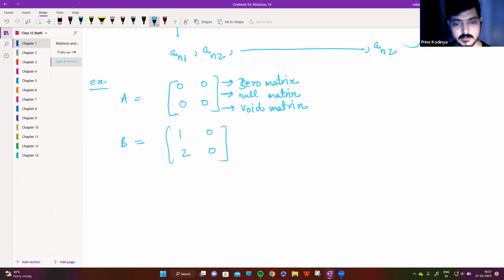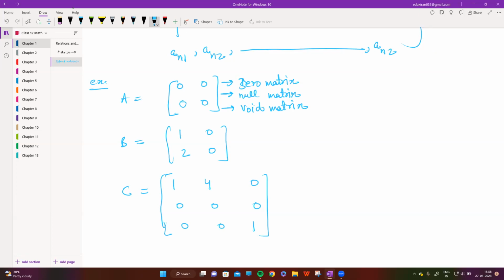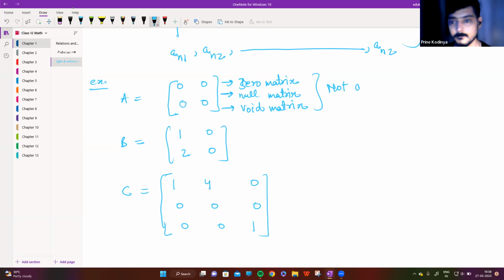Okay. Is this a diagonal matrix? Yes. What about B? No, sir. Why?